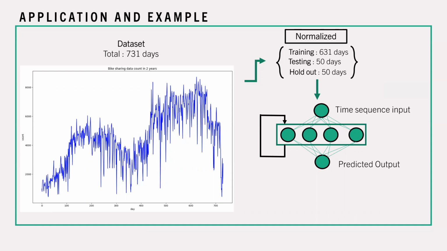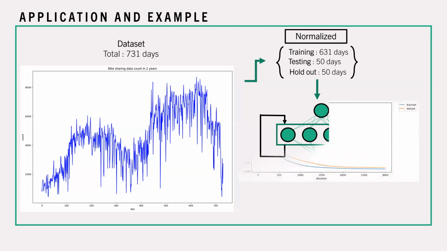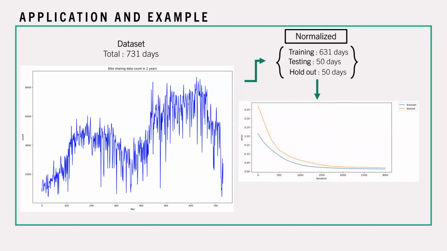Using the previously normalized training data, we trained the RNN for 3000 iterations. This process is backpropagation through time to minimize the loss function, noting that the data are fed as a sequence of time.